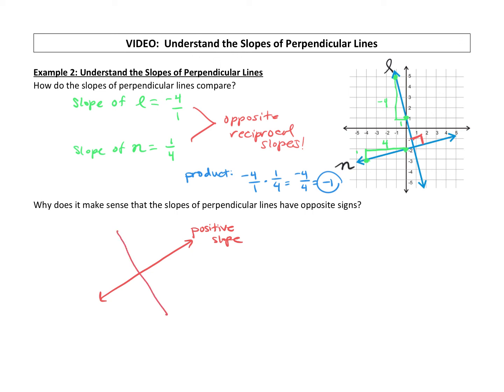These aren't the prettiest lines I'm drawing. So that's how we're getting that right angle. That one must have a negative slope to intersect and form that right angle.